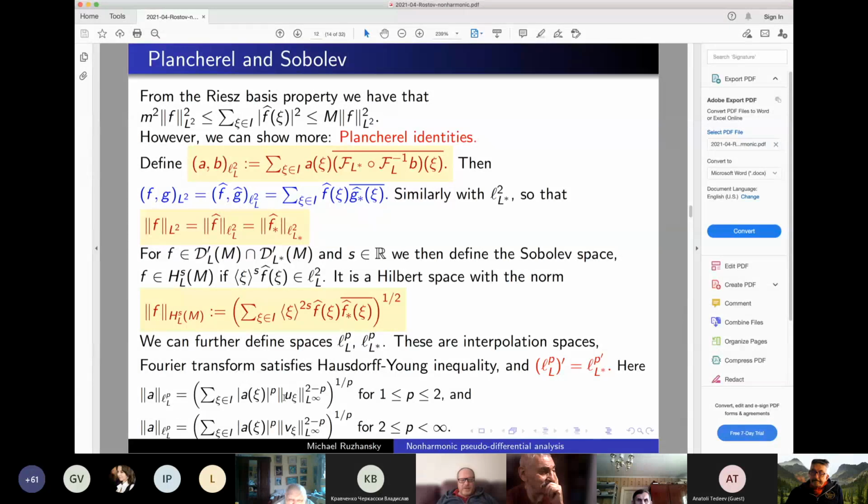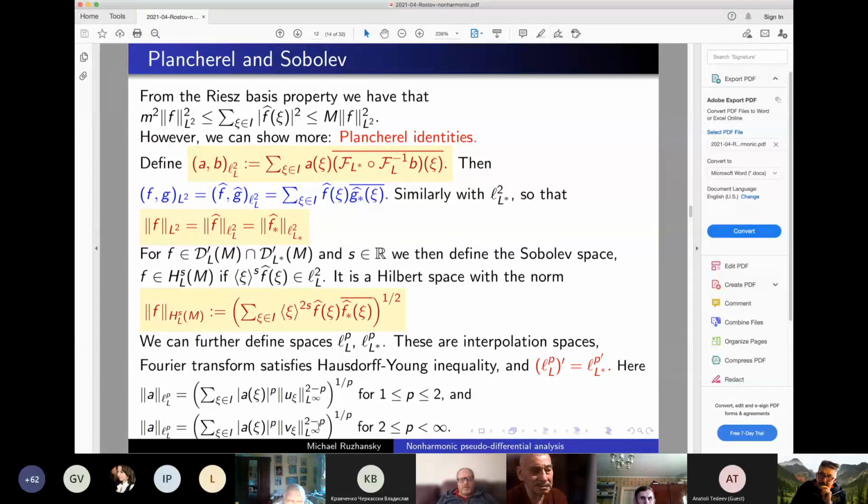If P is between 1 and 2, we put norms of U Xi as weights. And if P is between 2 and infinity, we put norms of V Xi as weights. You may wonder why this looks like a complicated definition.